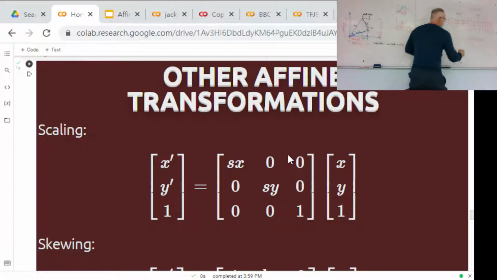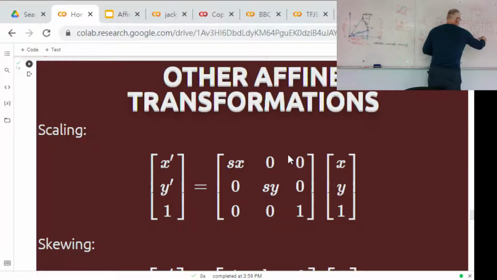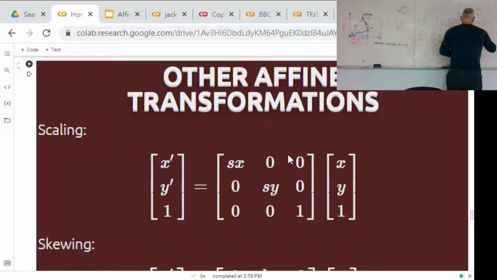So in the x coordinate, if I have this shape and I apply this transformation, then x is stretched by a factor of 3, y is squashed by a factor of 2. So it'd be this kind of shape.